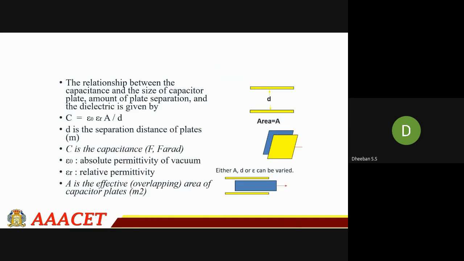The relationship between the capacitance and the size of the capacitor plate, the amount of plate separation, and the dielectric is given by this formula: C equals epsilon naught A by D. Here epsilon naught is your absolute permittivity in vacuum, and epsilon r is your relative permittivity. D is nothing but the distance between your plates.